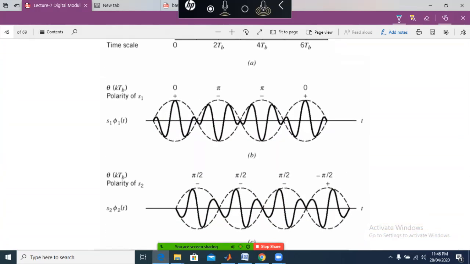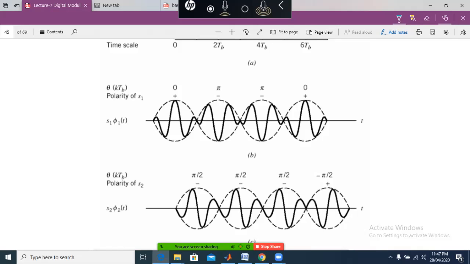The signal S1 started from minus TB time, and this signal started from 0 time. So this is S1 phi 1 of t, and this is S2 phi 2 of t.